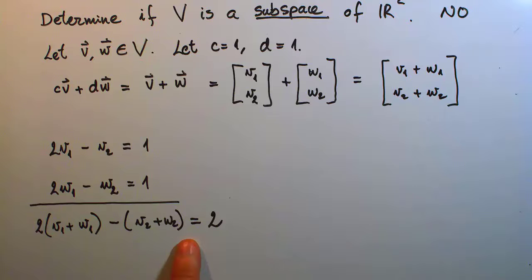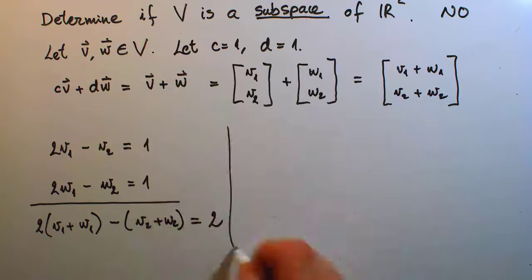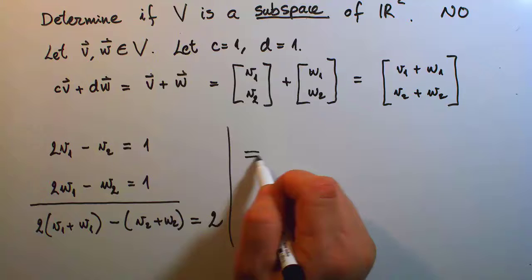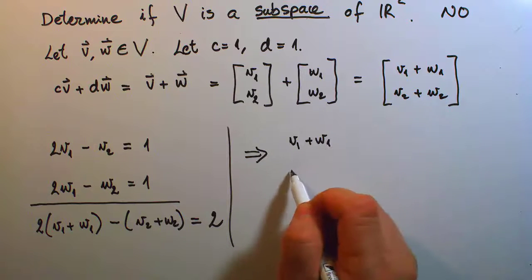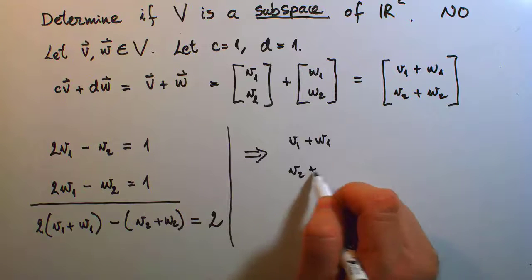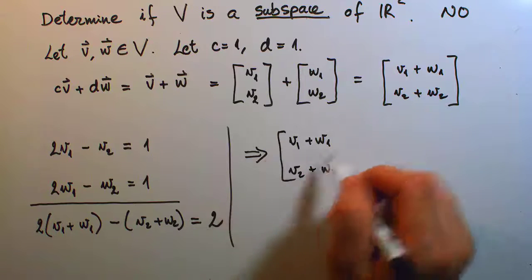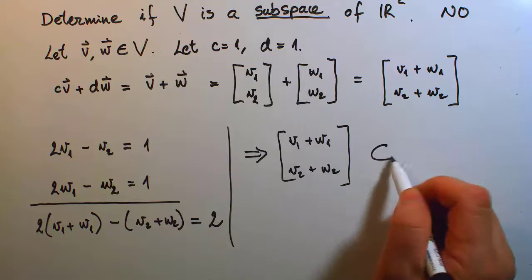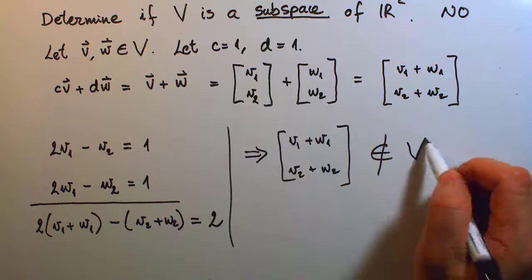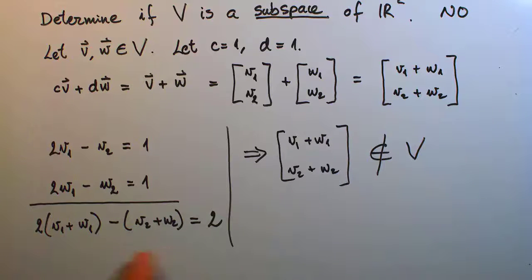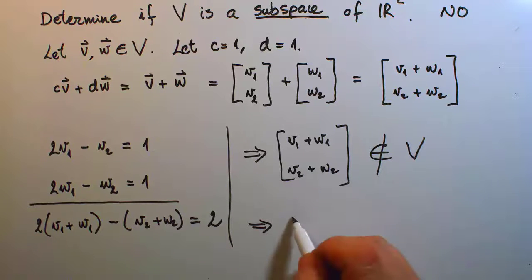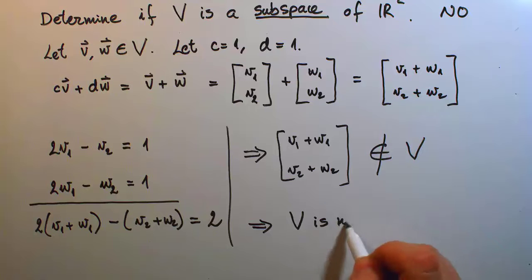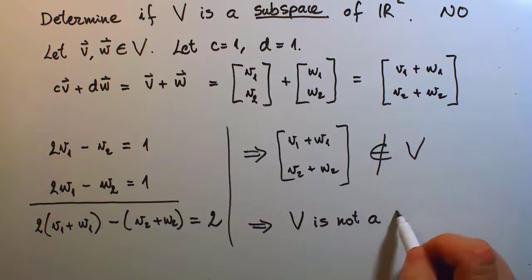This equals 2. So after seeing that, we make our final conclusion that the vector with first component V1 plus W1 and second component V2 plus W2 is found to be not inside of the set V, simply because this requirement fails.